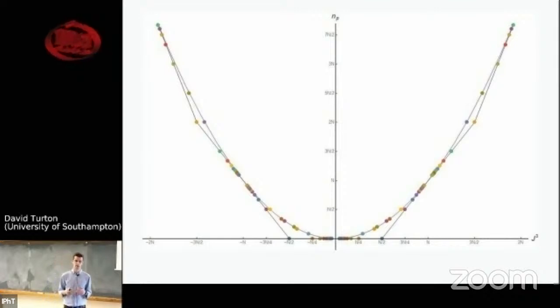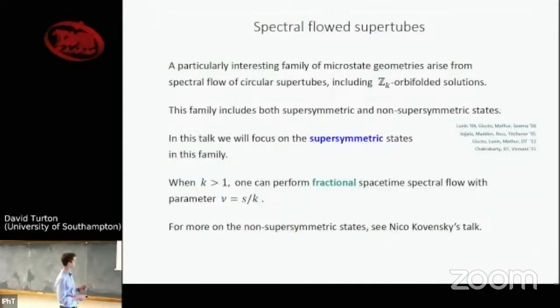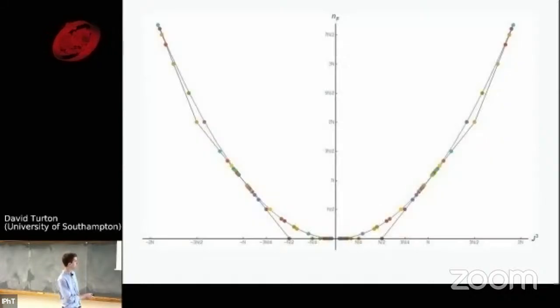The physical notion of Ramond versus NS is defined in a k-fold covering space. And there it will depend on whether this parameter s is integer or half integer. And in this talk, I'm always going to take s to be an integer. So these are all Ramond states. So these are Ramond ground states, and anything with non-zero N_P is an excited Ramond state.